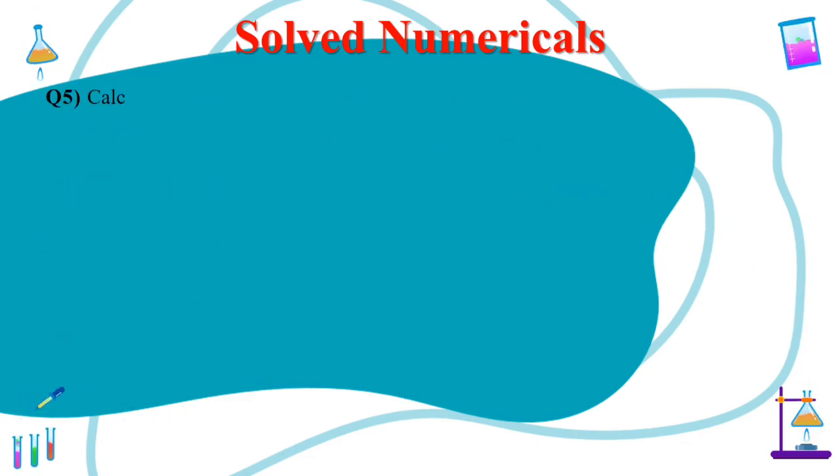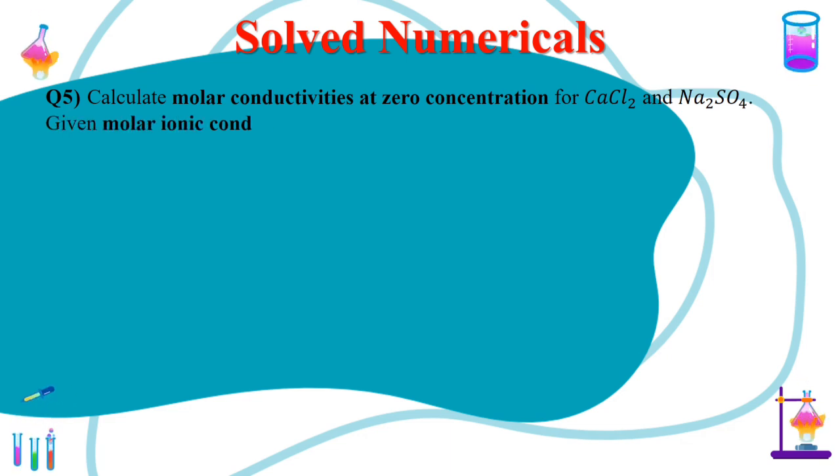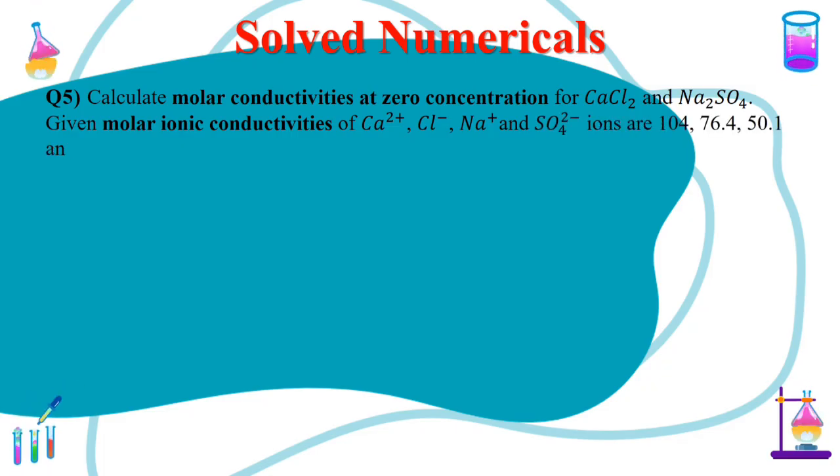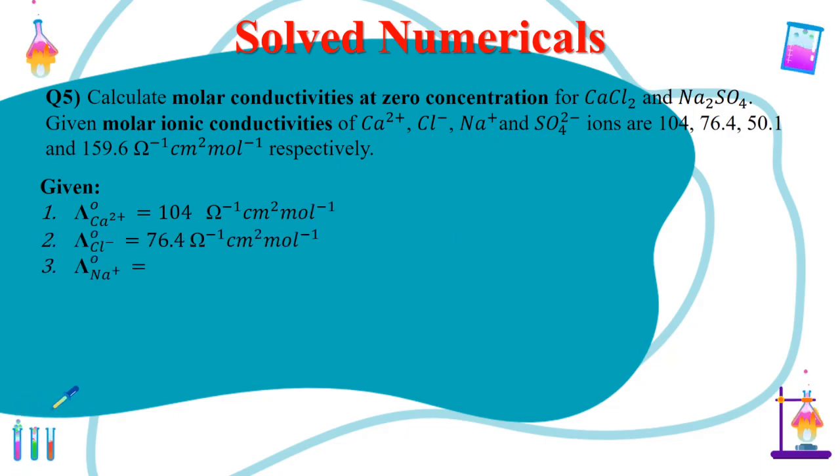Now let us solve the last numerical based on electrochemistry. Based on the numerical, the molar ionic conductivities of calcium, chloride, sodium and sulfate ions are already given.